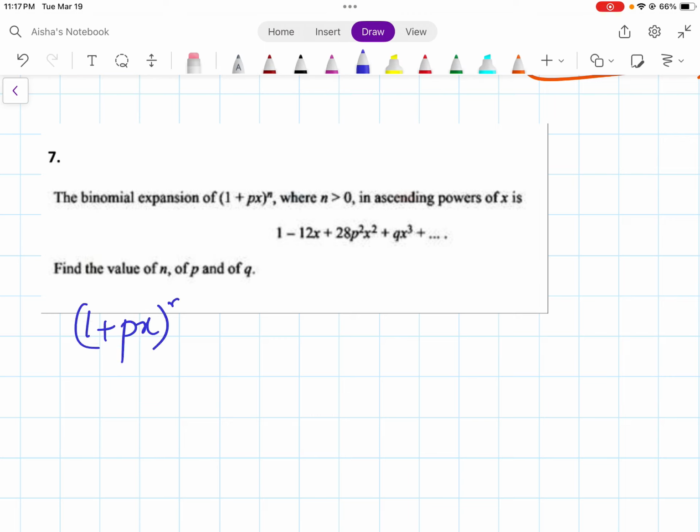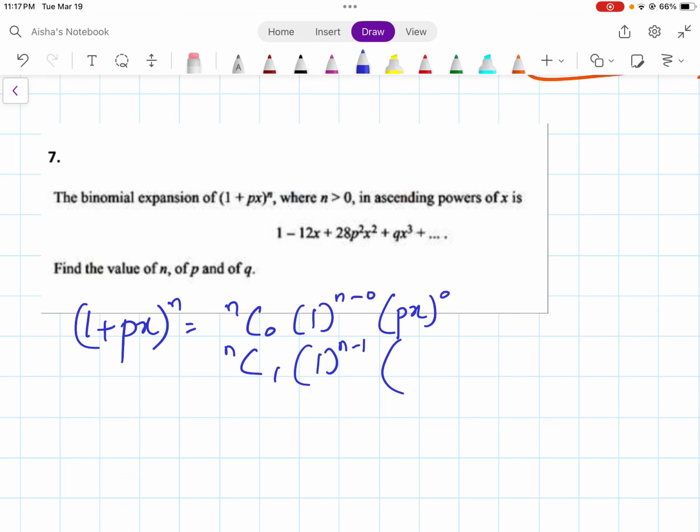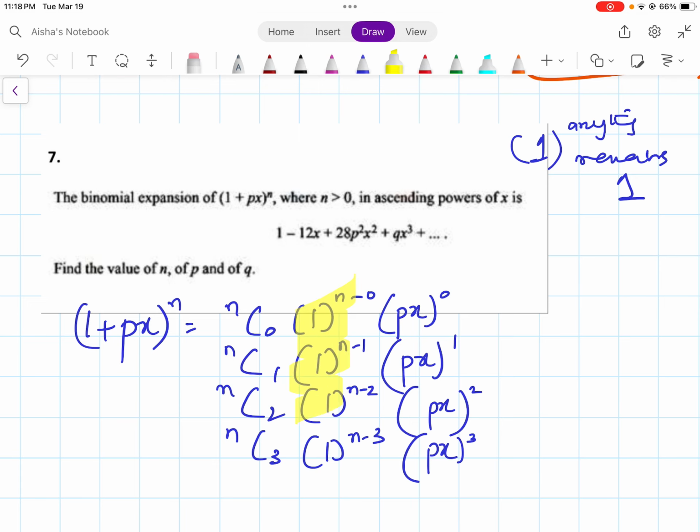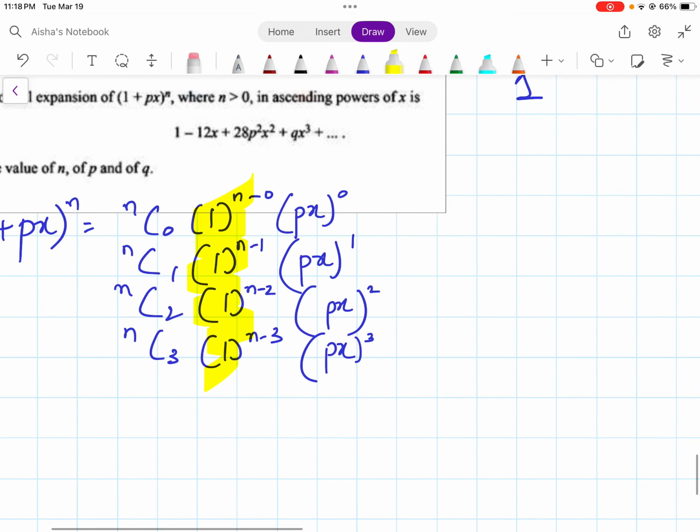(1 plus px) to the power n. nC0, 1 to the power n minus 0. nC3. 1 to the power anything remains 1. So this entire thing is useless for me.